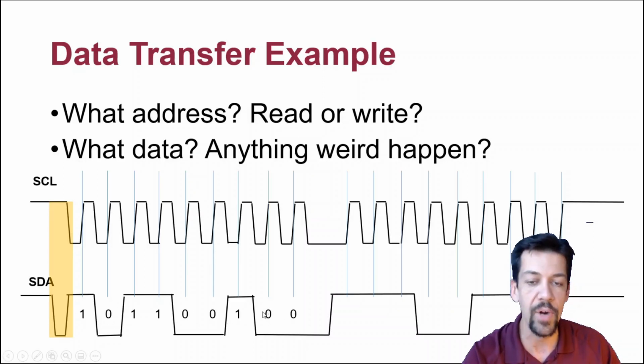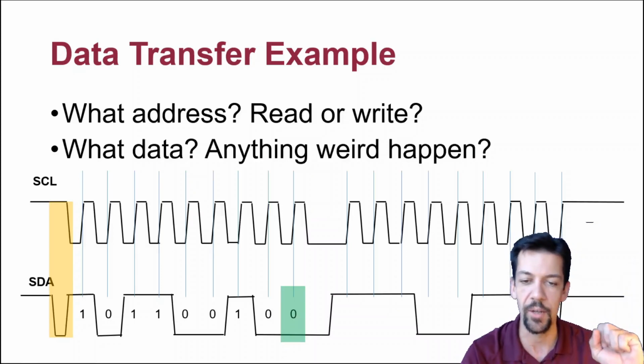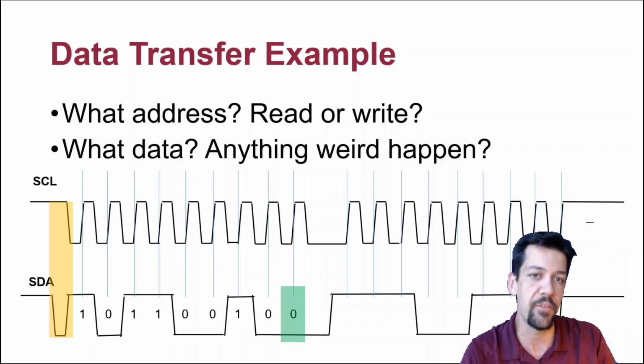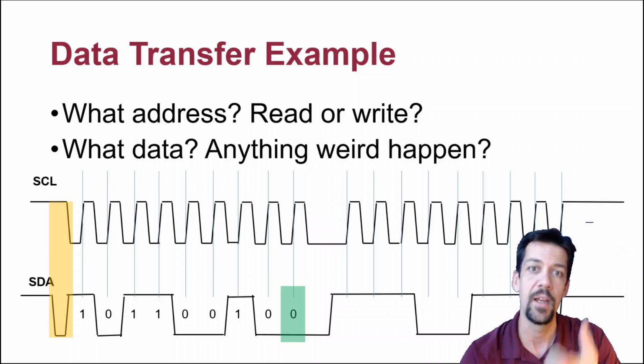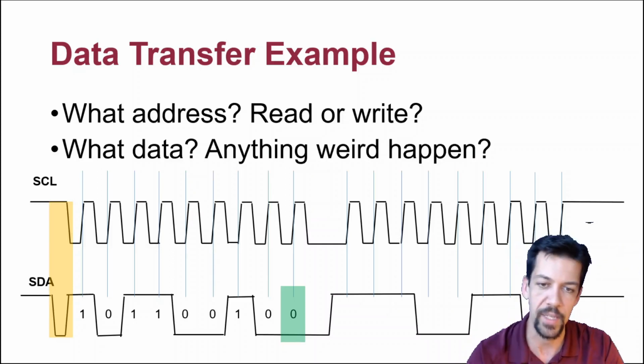Then this is the read-write bit, and because it's 0, that means that we are doing a write to the slave. So this is a write to address 1 0 1 1 0 0 1, right? And then the slave has acknowledged here. It pulled it low to say, yes, I'm ready, go ahead, let's do this, right?